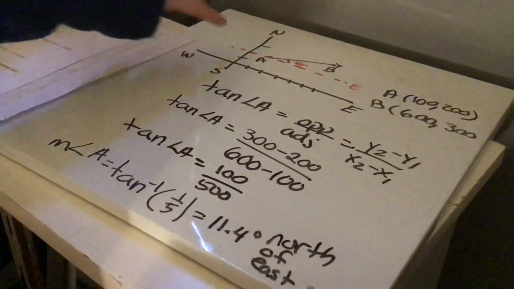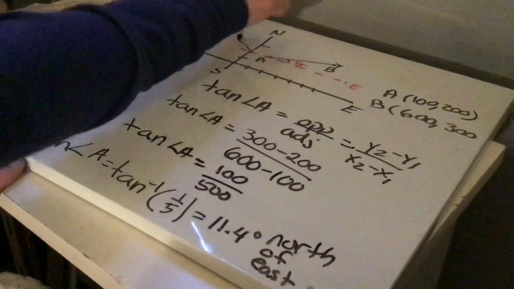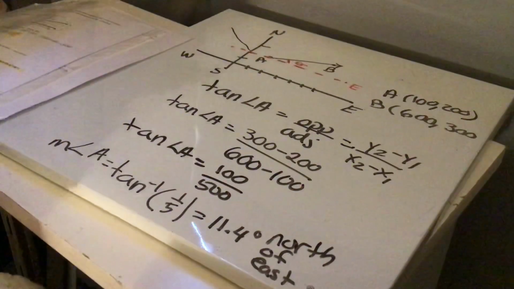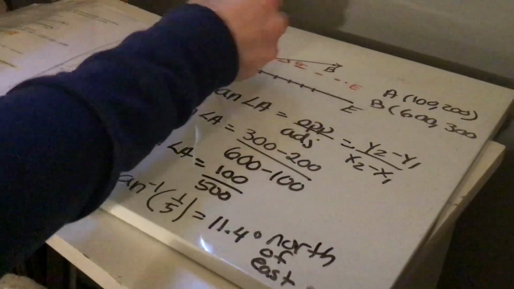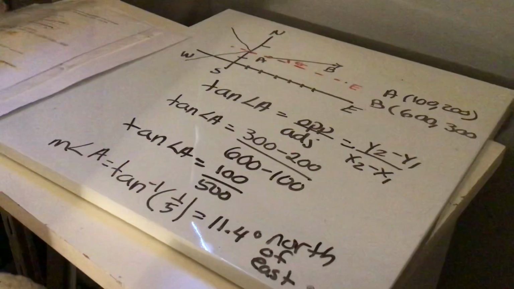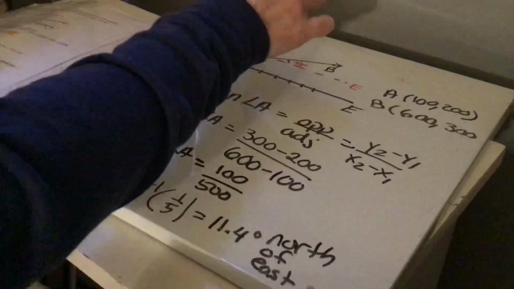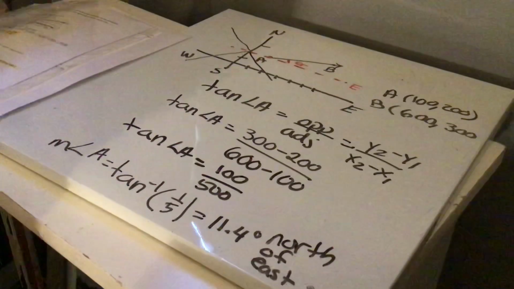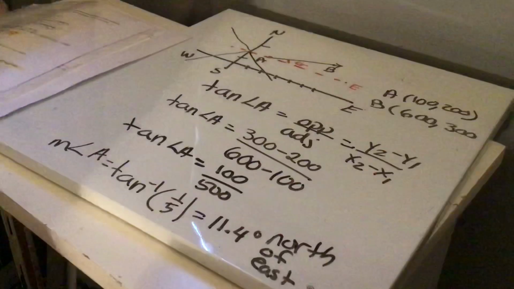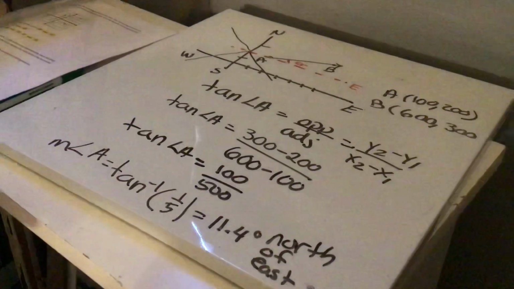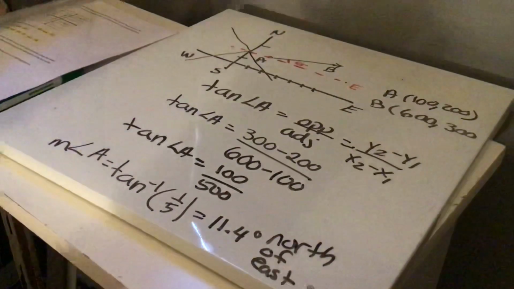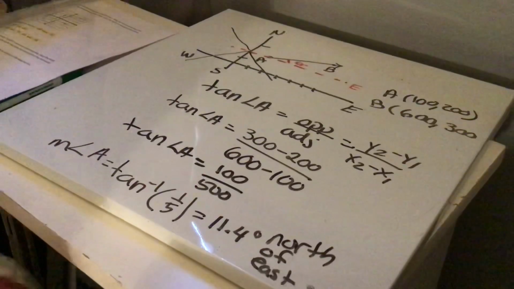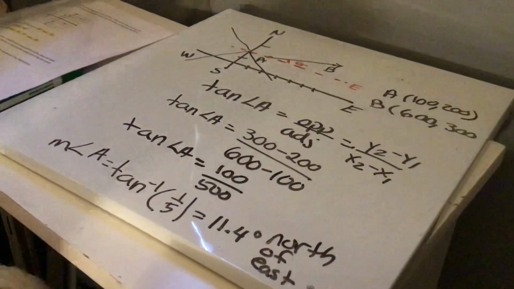So if it was over here, we would say it's north of west. Or if it's down here, you would say it's south of west. Or over here would be south of east. It's always referenced to the horizontal east and west direction. The magnitude would be the speed, if you're ever asked for that.